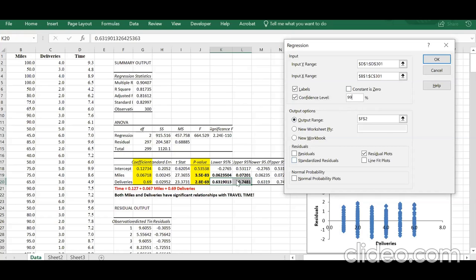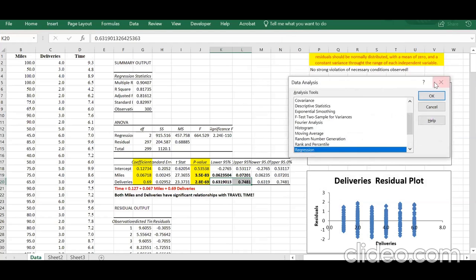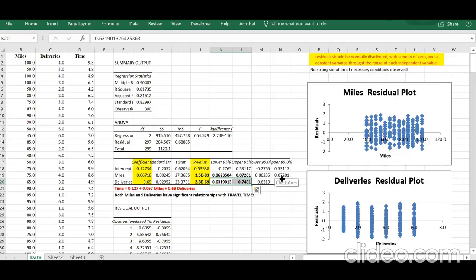I'm not going to do it because it's going to change it, but this is how you can change the confidence level and get the lower and upper limit for the coefficients. All right.